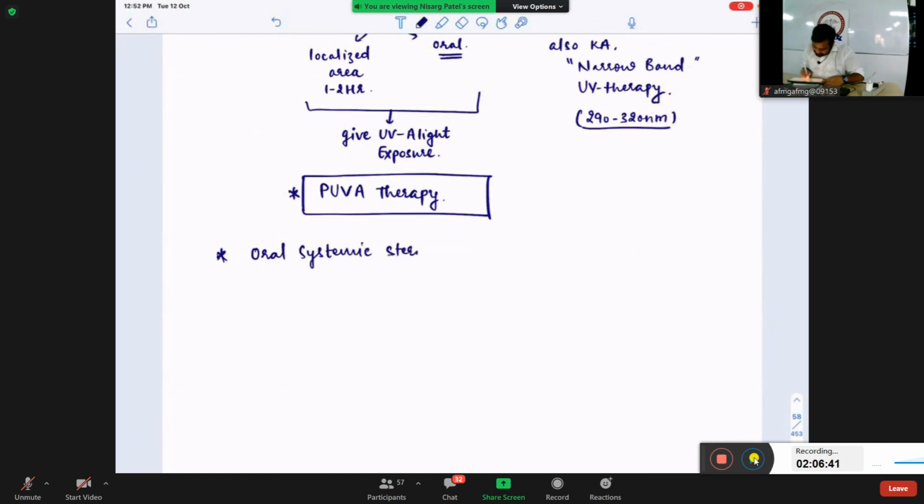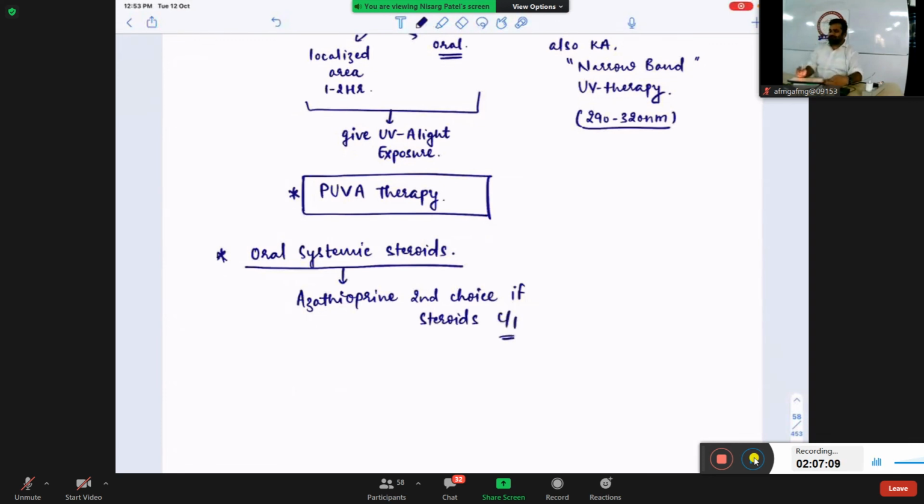And second, a steroid sparing agent which can be useful is azathioprine. So if steroids are contraindicated, for example in a patient who has uncontrolled diabetes, in that patient we can opt for azathioprine also.